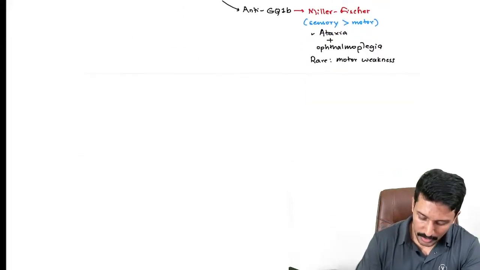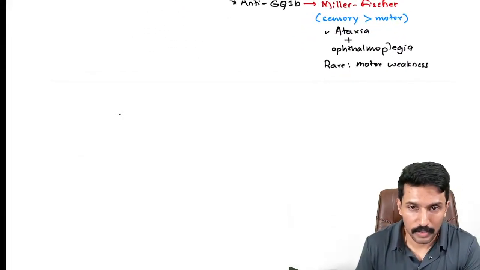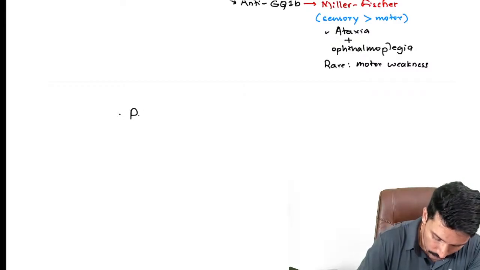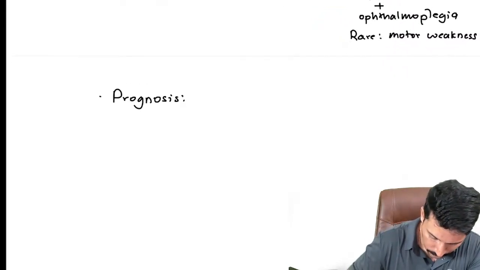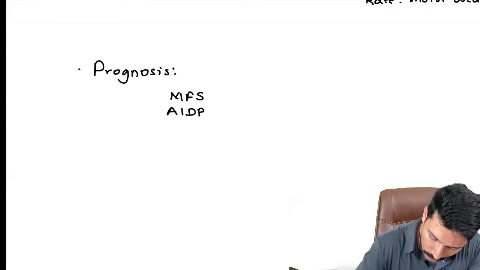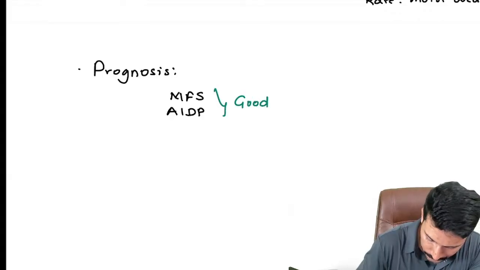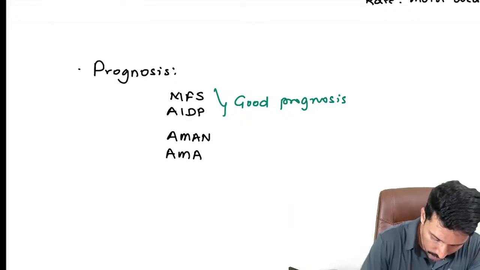So the first question they may ask from here is, which variants have good prognosis and which variants have bad prognosis? When it comes to prognosis, Miller-Fisher syndrome and AIDP tend to have good prognosis. And AMAN and AMSAN, these are axonal variants.